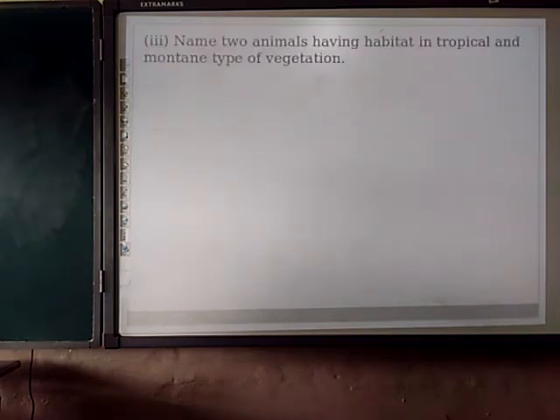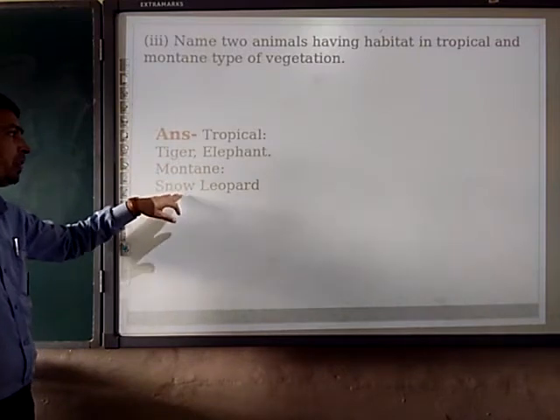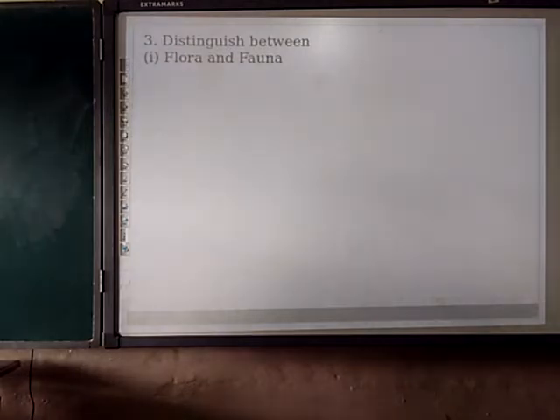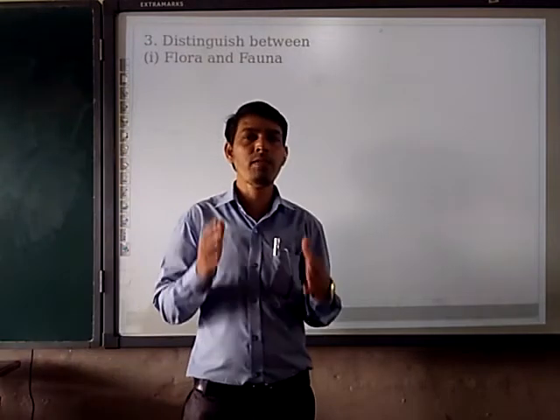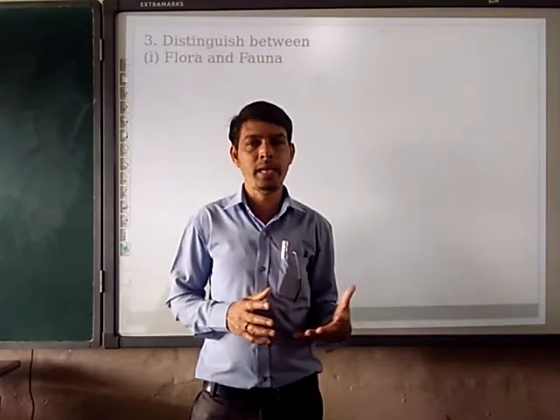Name the 2 animals having their habitat in the tropical and the mountain type of vegetation. So you can write, for tropical, tiger and elephant; for mountain, snow leopard. Distinguish between flora and fauna. You already know what flora is. Flora denotes plant species and fauna denotes animal species.